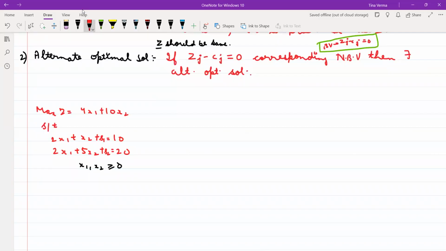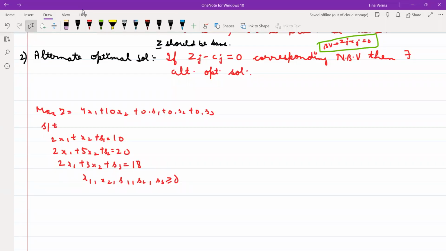And there is one more constraint, that is 2x1 plus 3x2 less than or equal to 18, that means plus s3 is equal to 18, and all my x1, x2, s1, s2 and s3 are greater than or equal to 0. And this is 0 into s1, 0 into s2, 0 into s3.